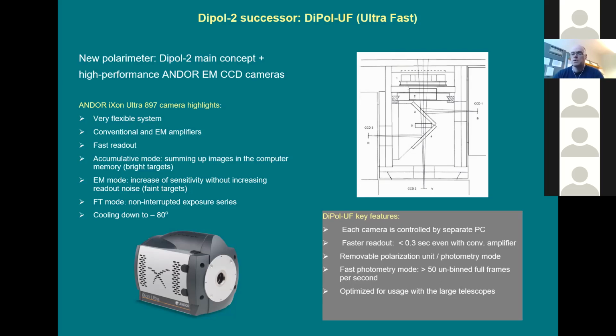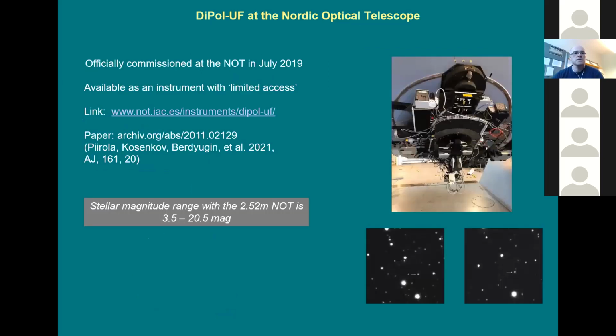Up to 50 unbinned full frame images can be taken per second. This polarimeter is optimized for use with a large telescope, and it was officially commissioned at the NOT in July 2019. Currently, it is available for the Nordic astronomical community as an instrument with limited access.